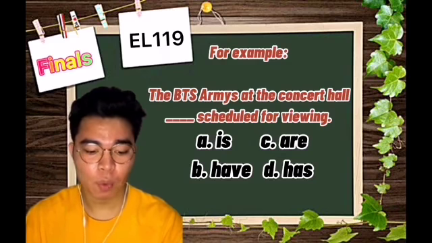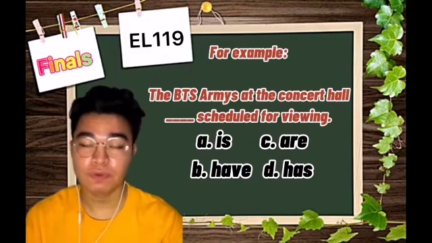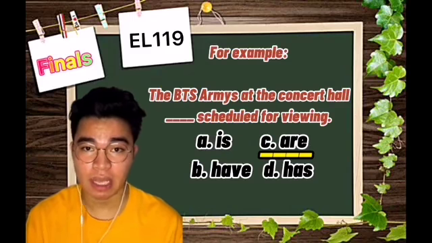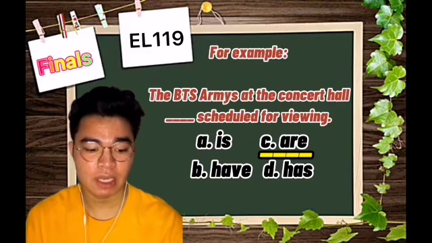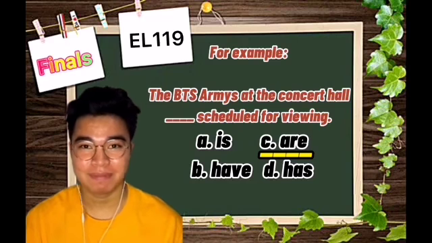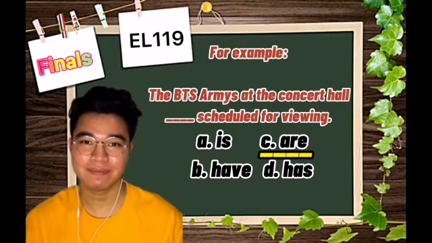Since BTS armies is in plural form, the right answer will be are. So now the sentence will be: The BTS armies at the concert hall are scheduled for viewing. That is how prepositional phrases work.